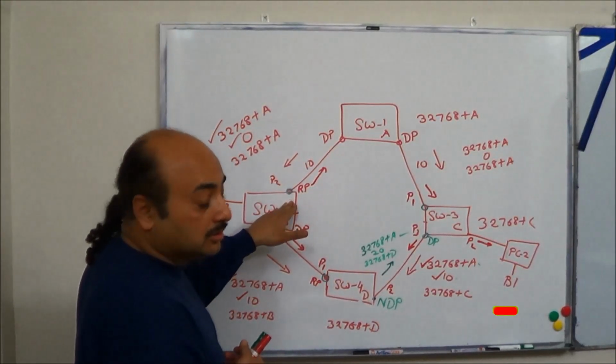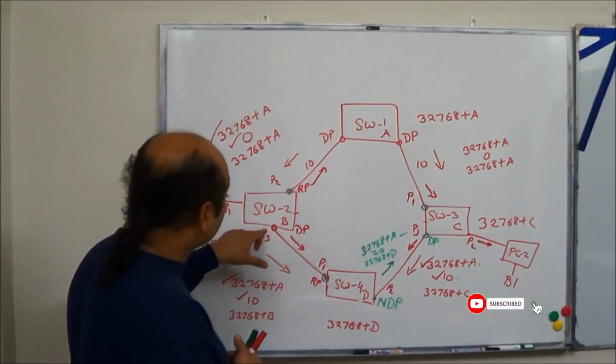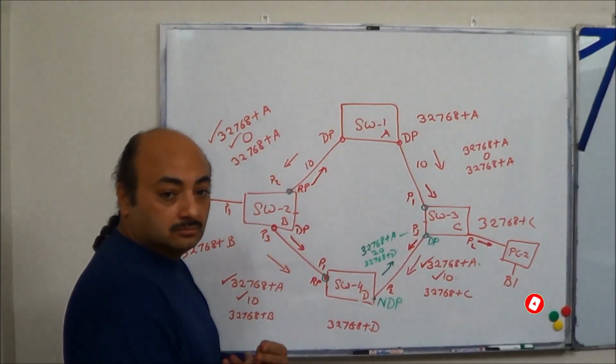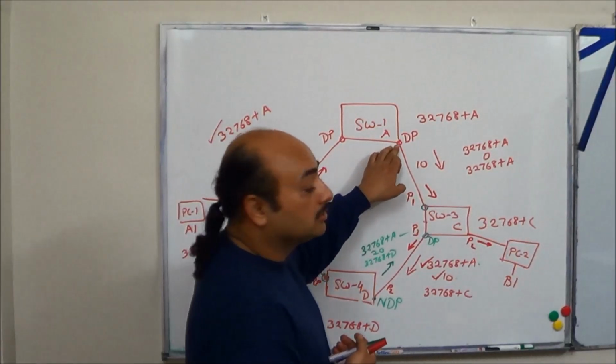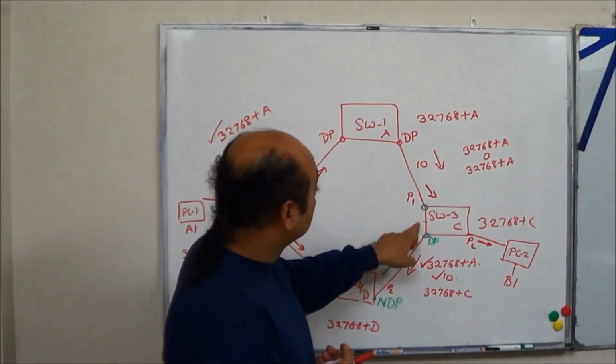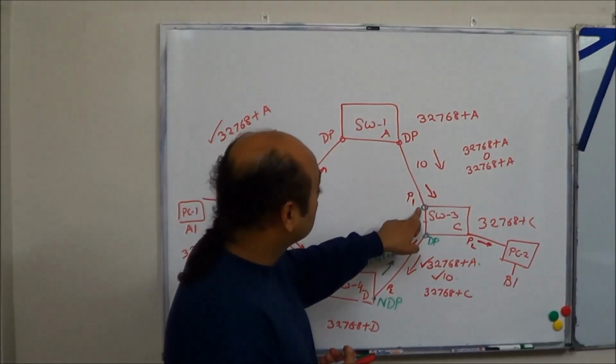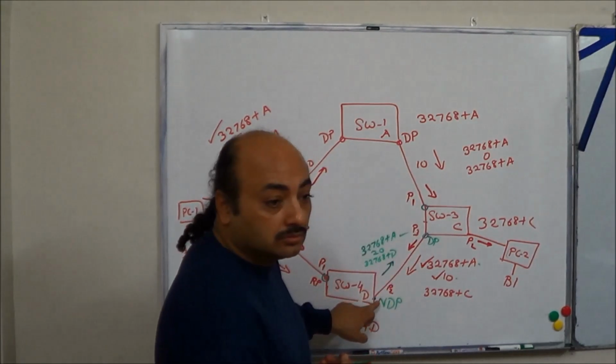Here we saw them accepted and then again from the designated port they were sent out. The designated port originated them, from there they were sent out, received, and then sent out.